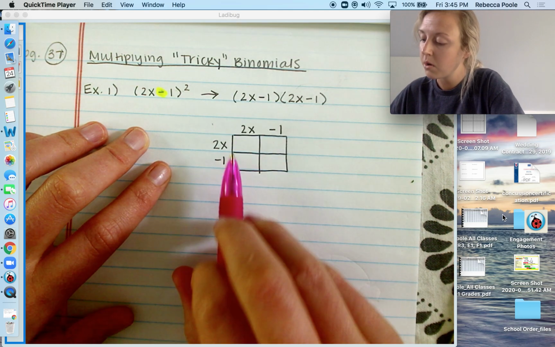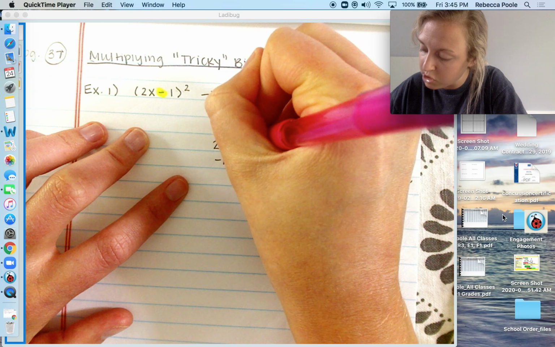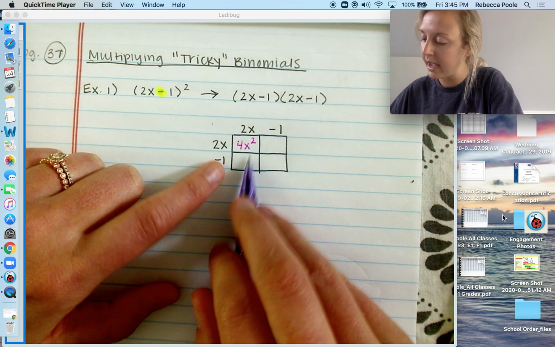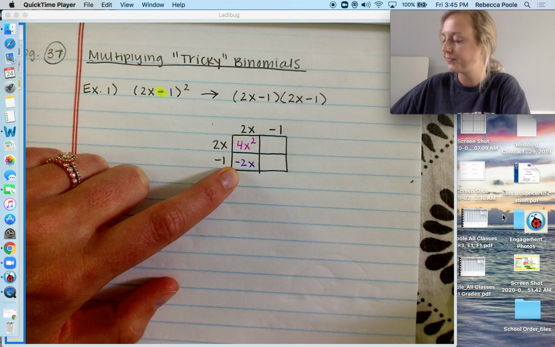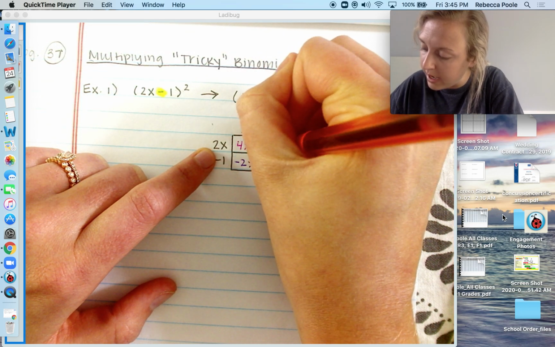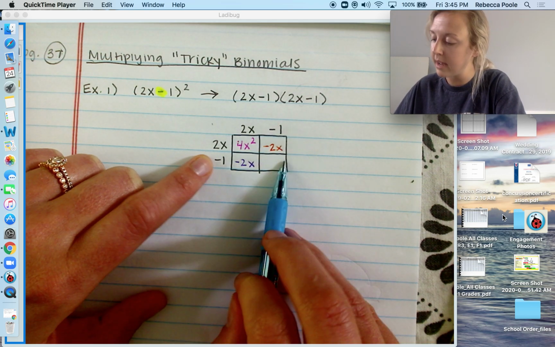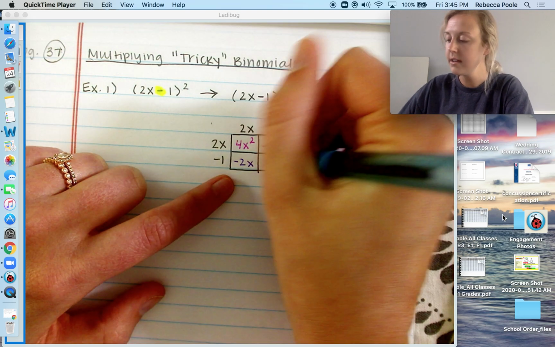All right, so first box, 2x times 2x should be 4x squared. 2x times negative 1 should be negative 2x. 2x times negative 1 is again negative 2x. And then negative 1 times negative 1 gives me a positive 1, okay?